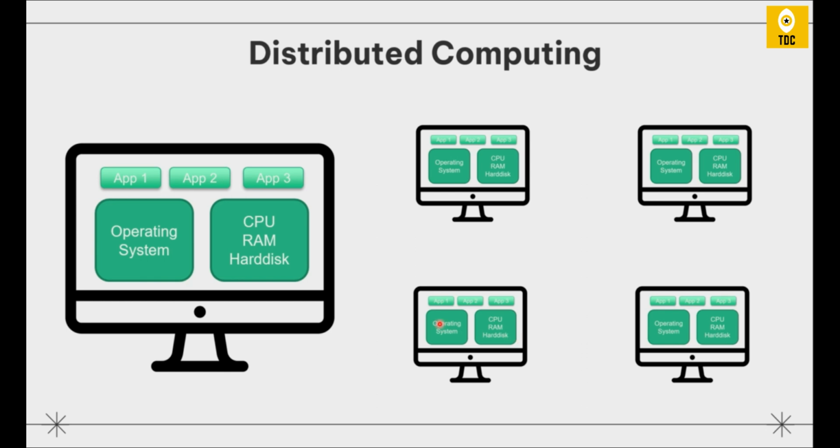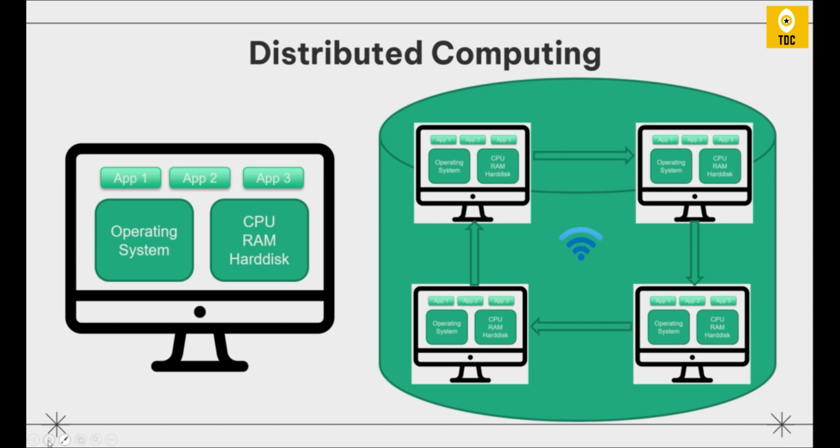Each of these systems will be interconnected via a network interface, so there will be network connectivity between all of these nodes. That is where we call it distributed computing. That means each system is sharing the workload that is being given to them, and they communicate via the network. That is what constitutes one cluster, as you can see.